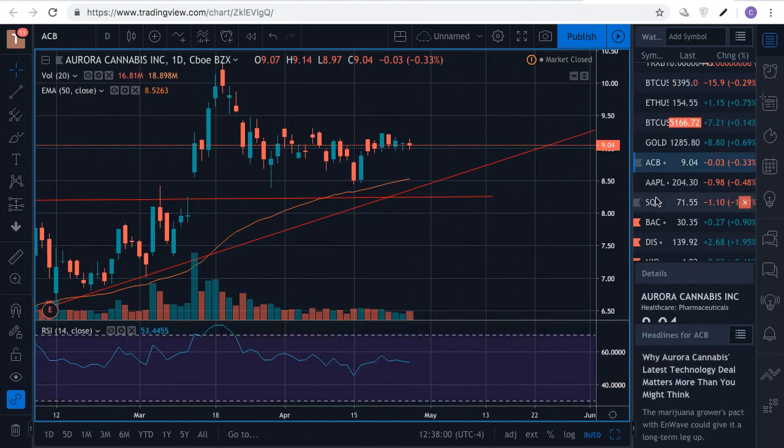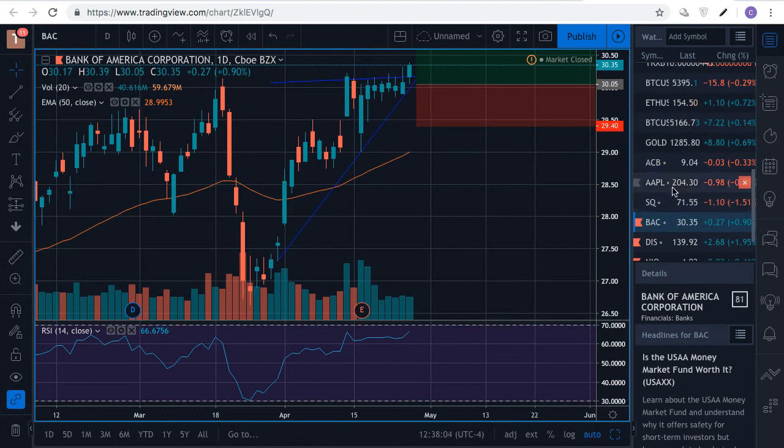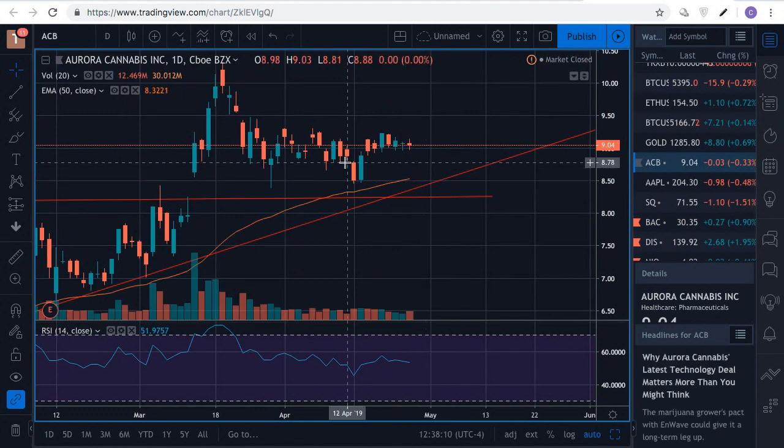Since stocks only trade 9:30 to 4 Eastern time, there will be gaps in the chart, because TradingView doesn't take into account after hours and pre-market trading, which pre-market is 30 minutes before and after hours is 2 hours after the market closes. It doesn't take that into account.